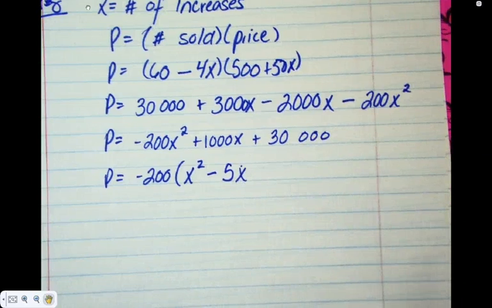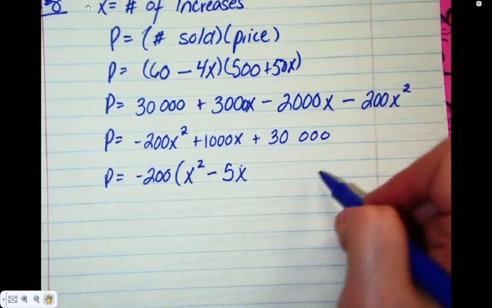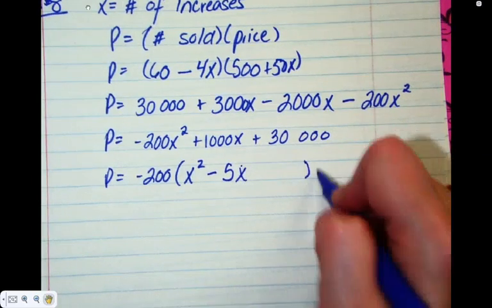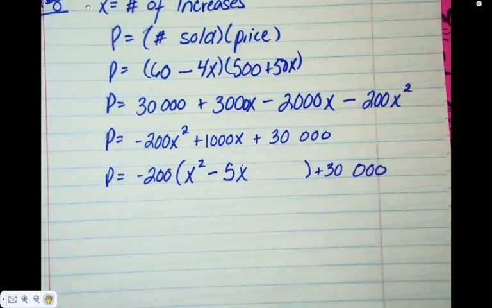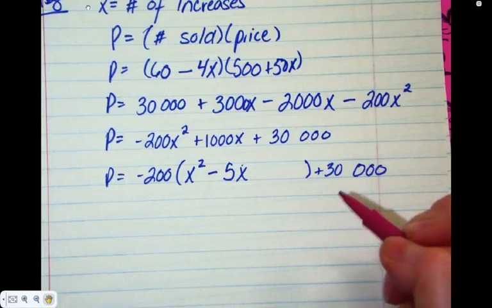Just negative 5x? And then you divide it by.